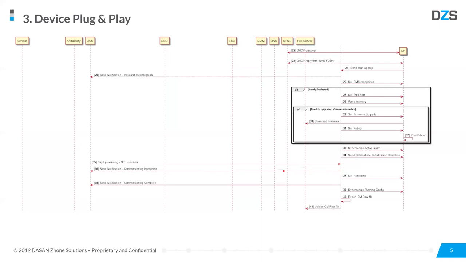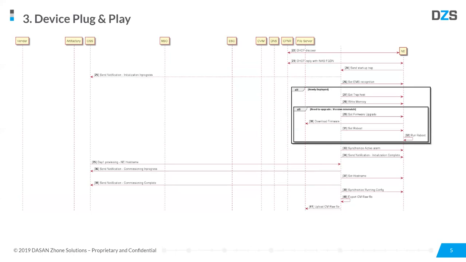After sending the notification, INAS will configure the host name to the flow switch. Once the host name is configured, INAS will send the final notification to the OSS that commissioning is completed. And all of the GTP procedure is done.